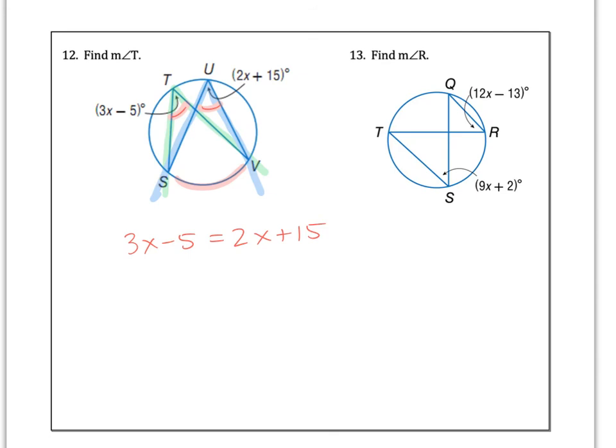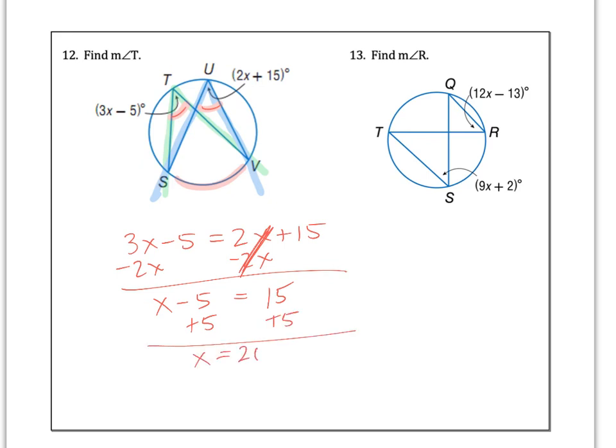All right, so do your algebra. Subtract 2x. You get x minus 5. These canceled, so equals 15. Add 5. X equals 20. Is that your final answer? No, it is not your final answer.